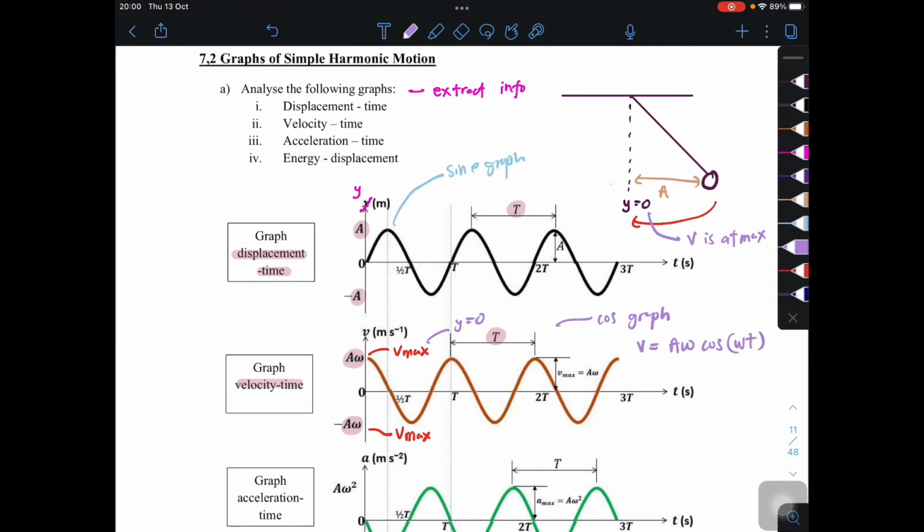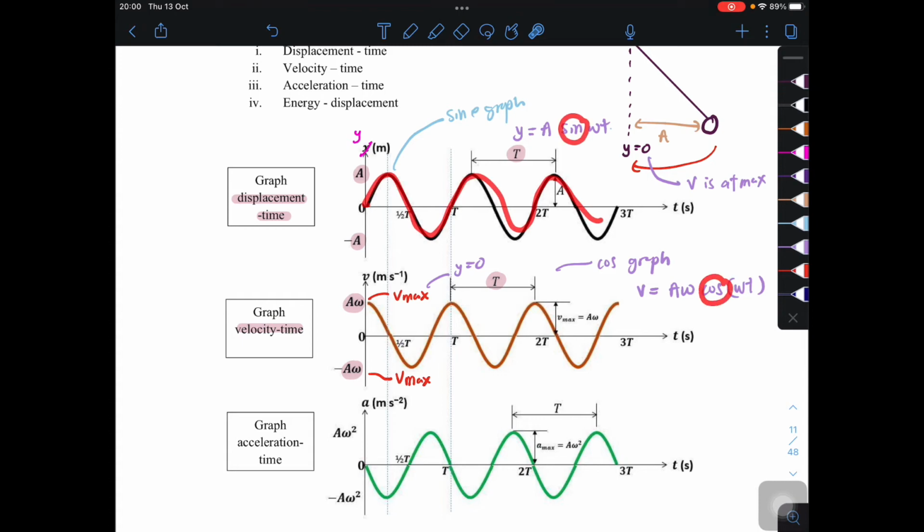And then general equation untuk this one adalah y = A sin omega t. So sin here is showing that it is a sine graph. Cos here is showing that it is a cos graph, di mana cos dia akan start from the maximum value.